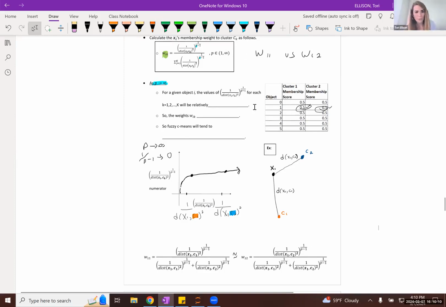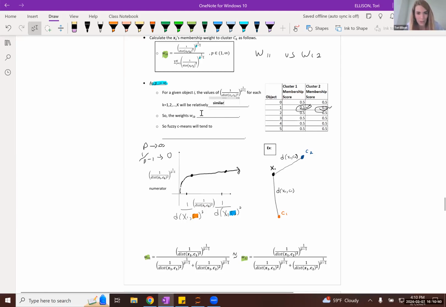So to put it all together, what this shows us is that when we set that fuzziness parameter P to be higher and higher, the types of results that we end up getting in our fuzzy clustering membership matrix is going to look something like this. Or in other words, the numerators of our WIK equation values are going to look relatively similar.